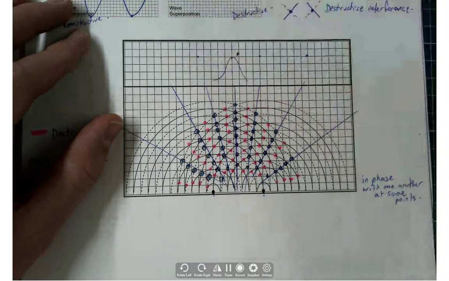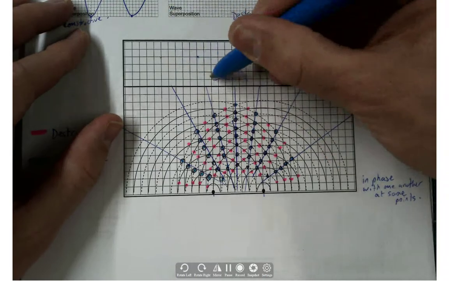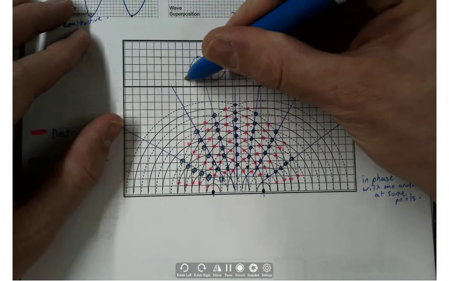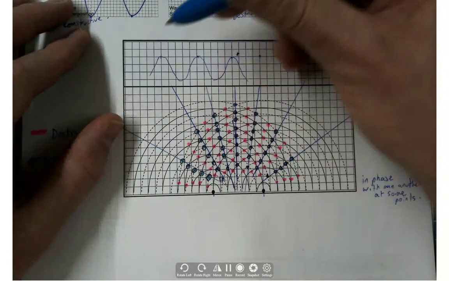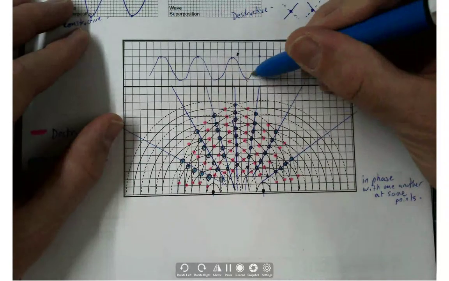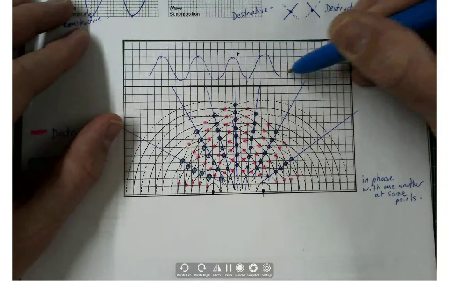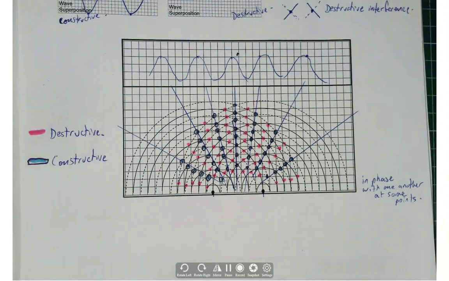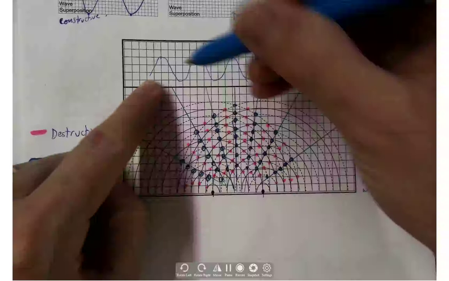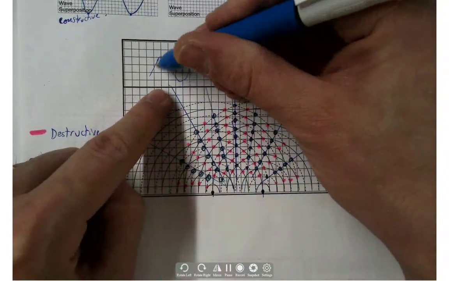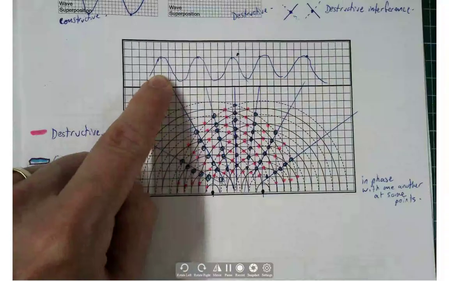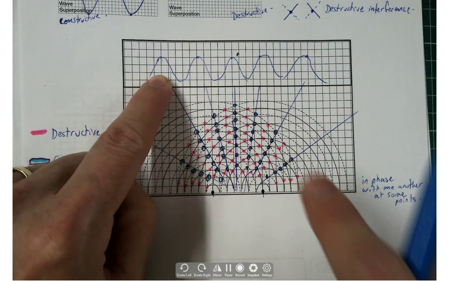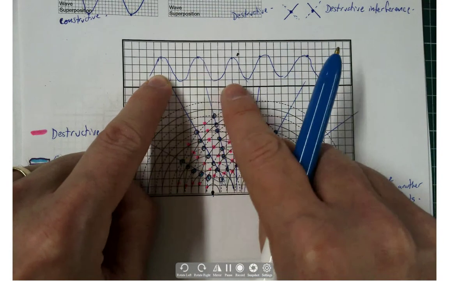Here. Does that make sense to you guys? I would get a peak, a constructive interference thing. There would be lots of waviness at that spot. There'd be lots of waviness at this spot, at this spot, at this spot.